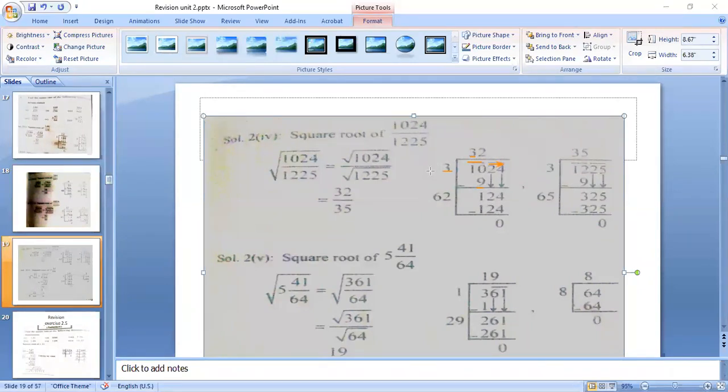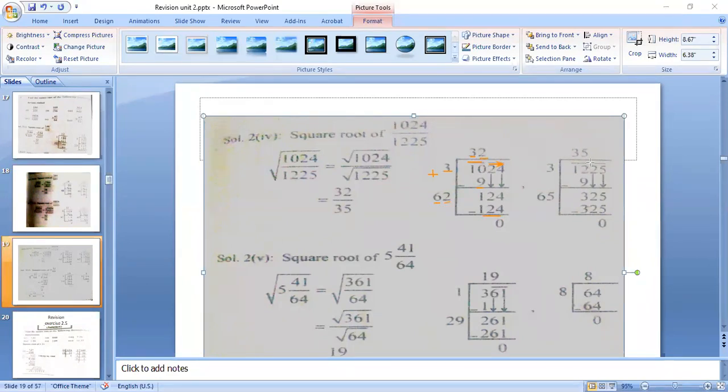अब इस 3 में 3 ही को प्लस करेंगे. जब 3 में 3 प्लस करेंगे we will get this 6. In this way we will get 6. Now what will we do? We write 2 with this 6 and same 2 can be written here in the quotient. अब जो quotient में हमने 2 लिखा है, that number 2 can be multiplied with 62 and we will get this 124.